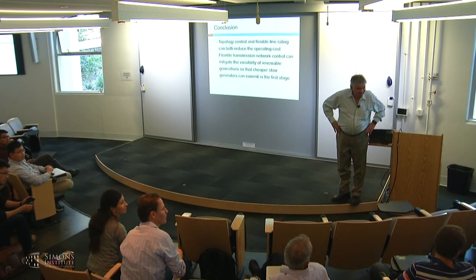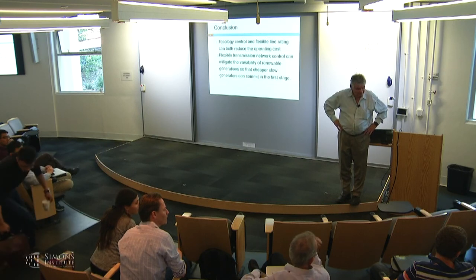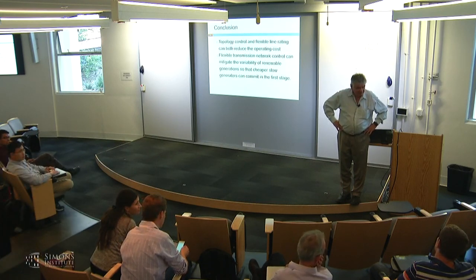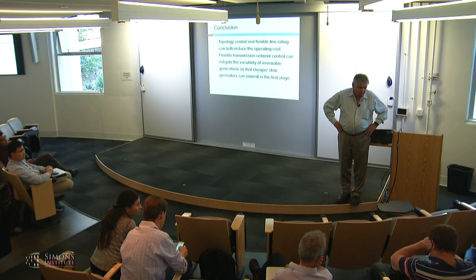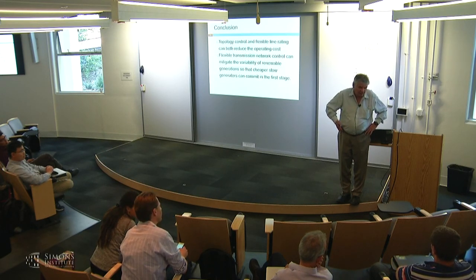Have you looked at using this technique for mitigating cascading failure problems? No, we're actually looking the other way. The question is how fast it happens. We haven't done that.